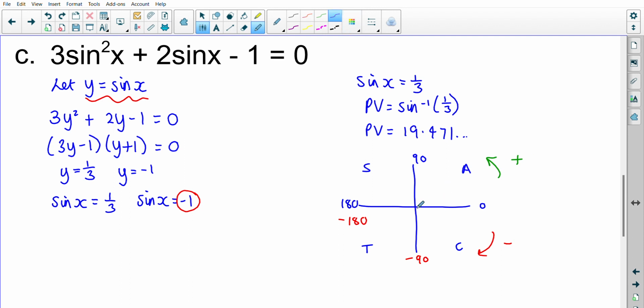Where is sine positive? Here and here. If I go round, I'll get the principal value. I'll then get this value here. I can find that by doing 180 minus 19.471. So I'll write those two down.